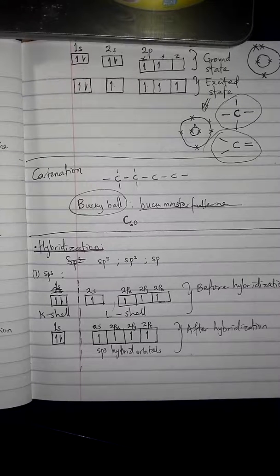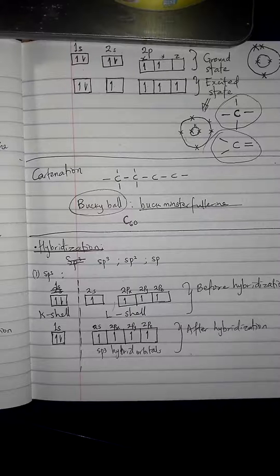It leads to the formation of carbon to carbon single bonds. That's another property we just mentioned. Then it leads to the formation of a molecule which is tetrahedral in shape. This is what I mean by tetrahedral.